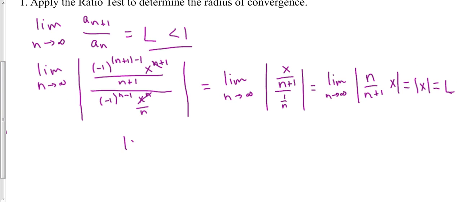So we're going to say that the absolute value of x is going to be less than 1. And when we compare that with our formula for determining radius of convergence, which is going to be the absolute value of x minus a is less than r, this is going to tell us that r is going to be equal to 1.